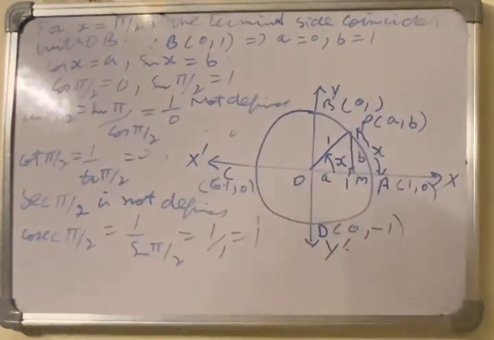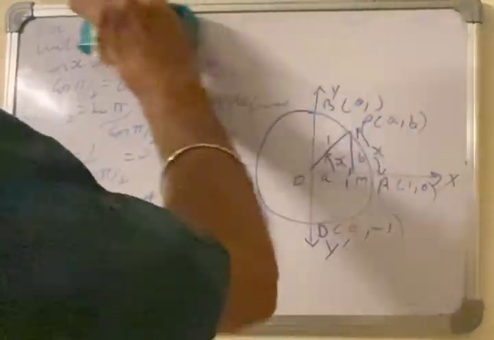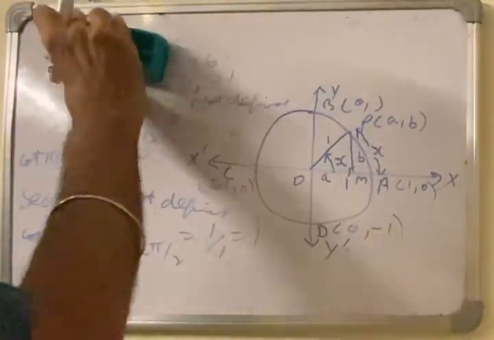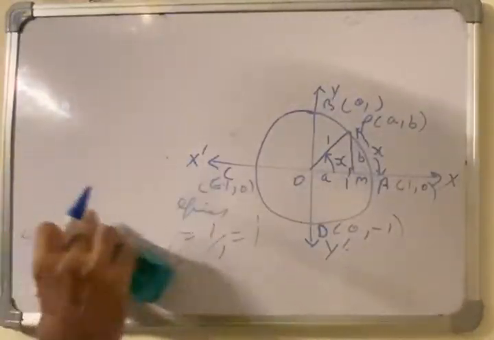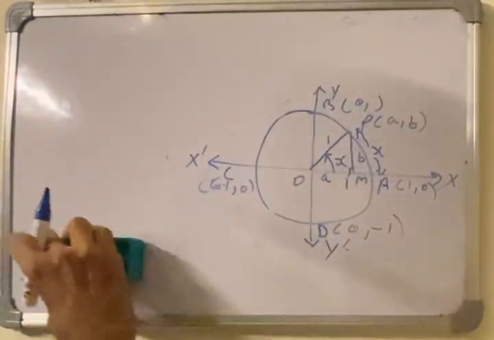The next quadrant angle we can take is x is equal to pi.